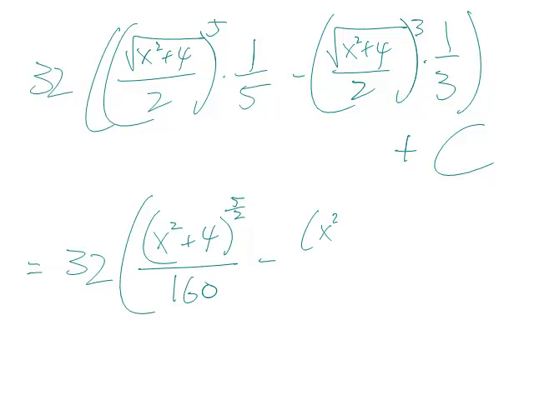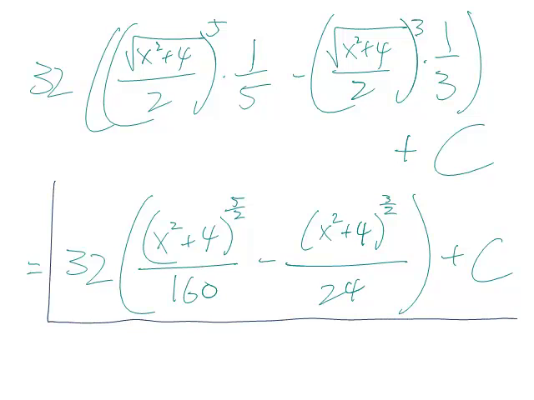Minus x squared plus 4 to the 3 halves over 8 times 3 is 24, plus C. And if you want to, you can multiply the 32 through, but I think this is pretty good. This is as far as I'm going to take this.